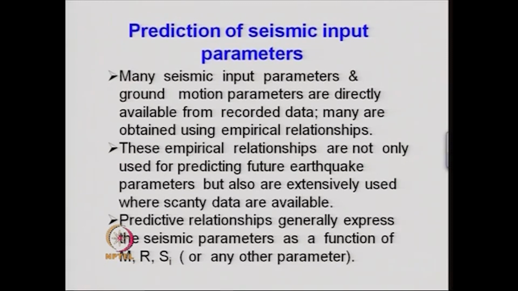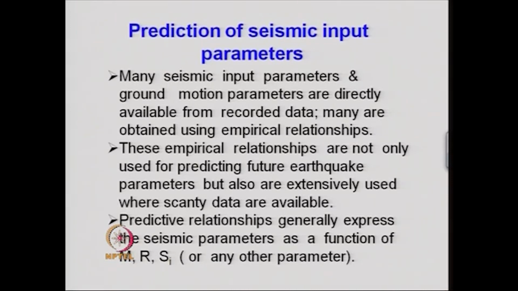Now, the seismic input parameters and ground motion parameters are generally directly available from the recorded data, as I told you, and one uses those empirical equations for predictive purposes.